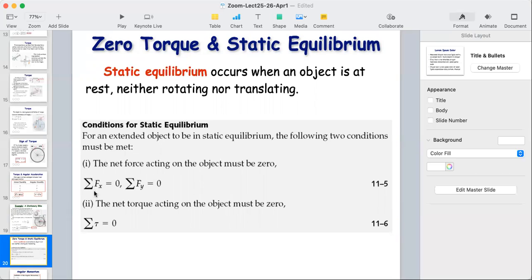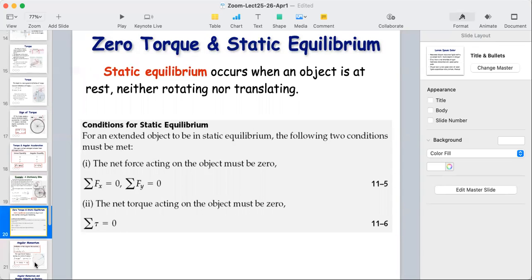The sum of the forces in all the components, X, Y, Z, the net force acting on an object must be zero, but also the net torque acting on an object must be zero. So the sum of tau needs to be zero.